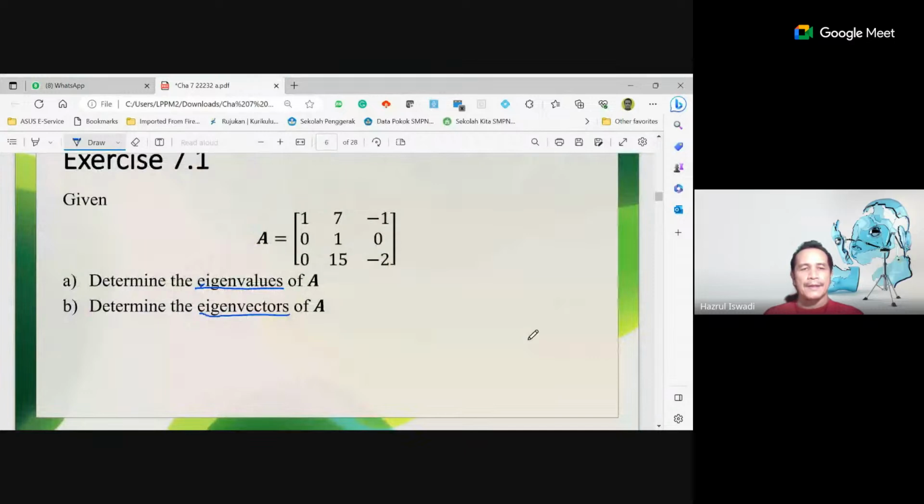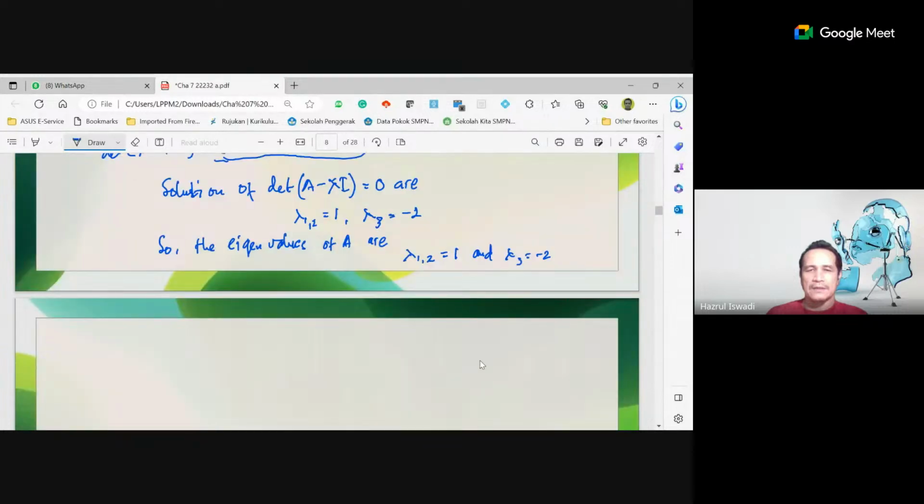And then what are the eigenvectors of A? Eigenvectors of A can be obtained from the eigenvalues of A. So we associate the eigenvectors with the eigenvalues, and we must find them one by one.